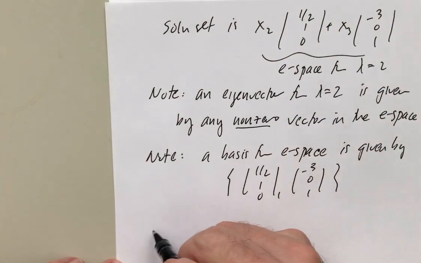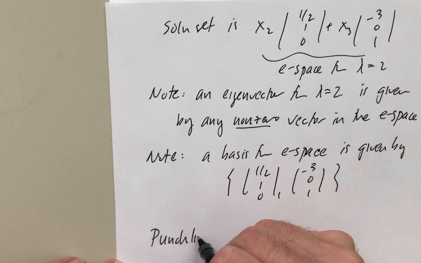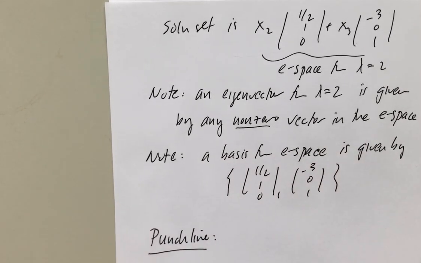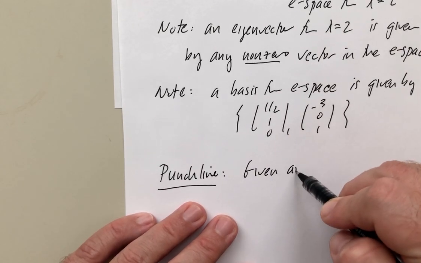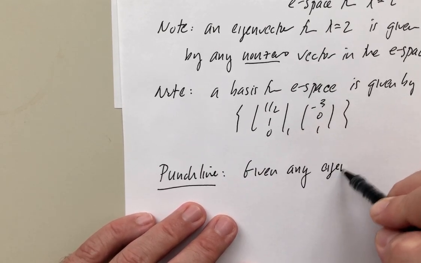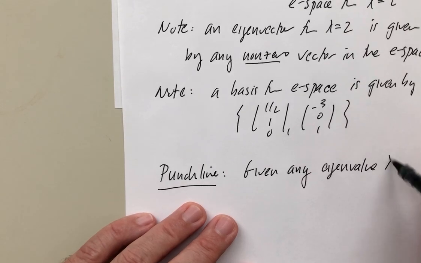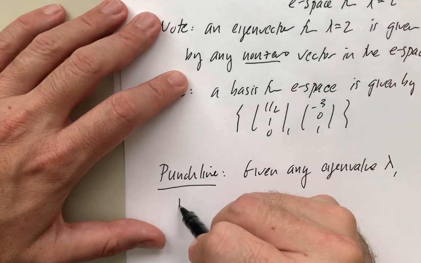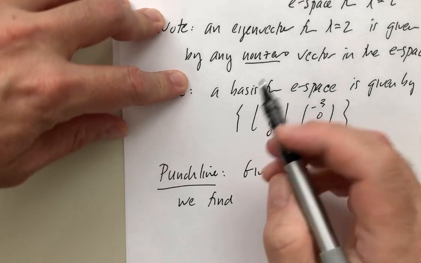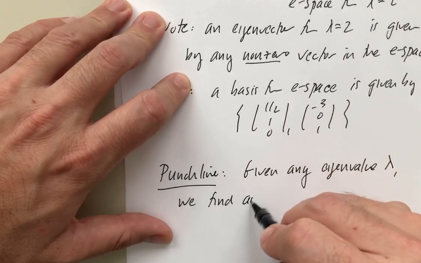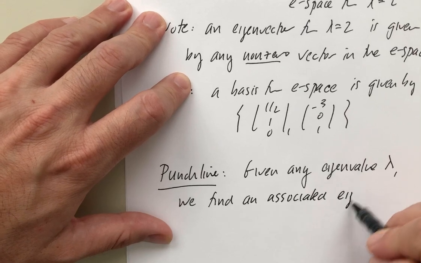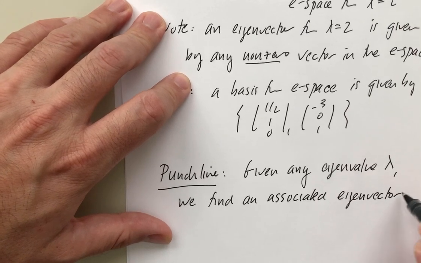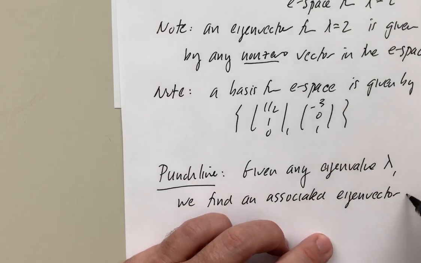And again, just a punchline from what we did in this example, and something to use on your homework: if I give you an eigenvalue lambda, we can find an associated eigenvector, the vector which actually realizes that eigenvalue.